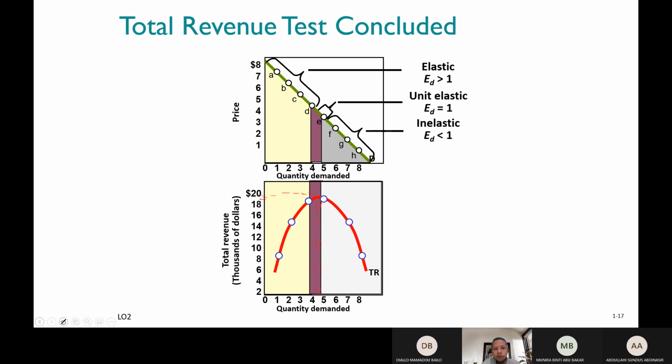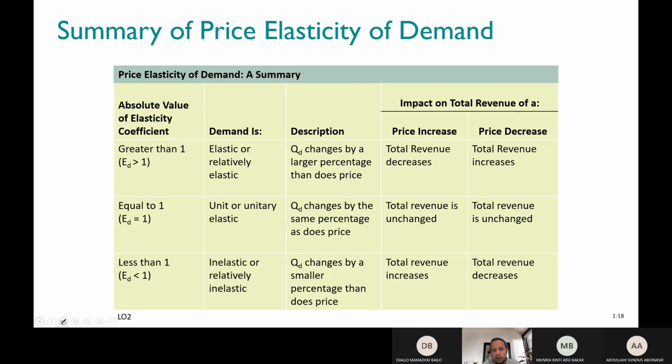So this table basically summarizes the price elasticity of demand. You can either calculate elasticity through coefficients, through the formula just now, or through the total revenue test. This is something that you must be aware of, and I think depending on the semester, maybe it will come out during the final exam as well.